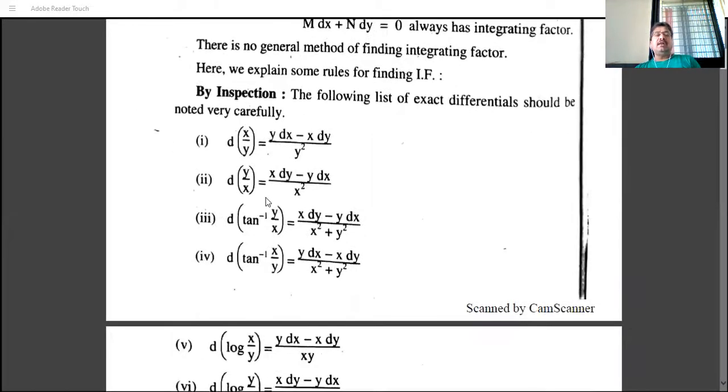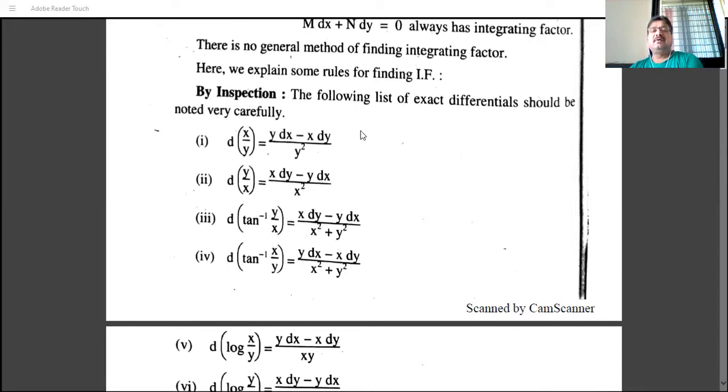So in all, we have to find the integrating factor by 6 methods, the 5 rules and this basic introspection method. In this chapter, the first method is the introspection method, the method to obtain the integrating factor.